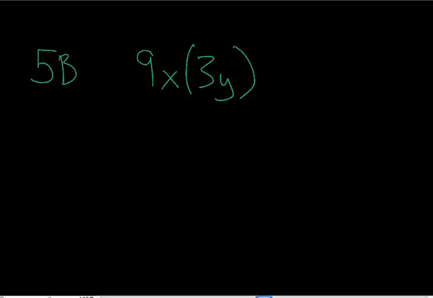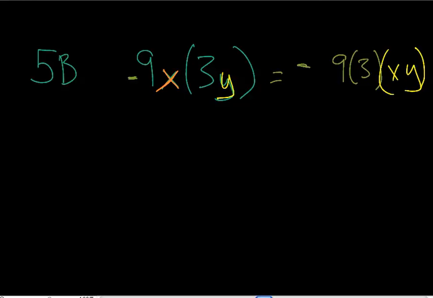Actually, let me make this y expression yellow, and I'll make this x orange, just to show that these are letters that you shouldn't be mixing together. Oh, sorry, this is -9. What I do is, I stick my negatives out front, and then I write my numbers, and then I write my letters.